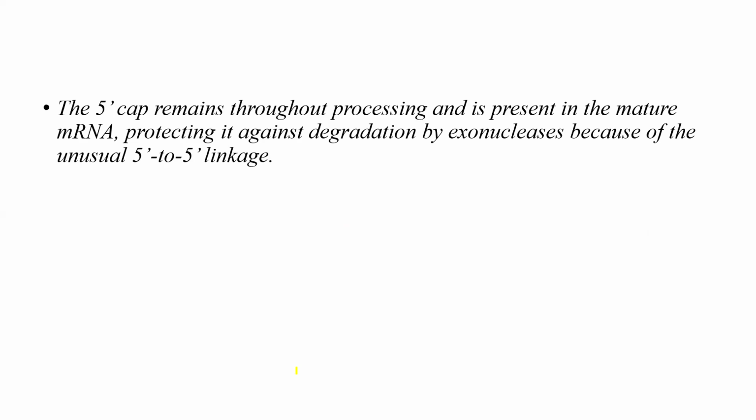What is the function of this cap? Why is this cap added? Why is a guanine nucleotide added when the pre-mRNA is made in eukaryotes? This 5' cap remains throughout the processing, and it's even present in the mature mRNA.